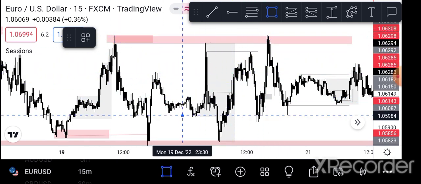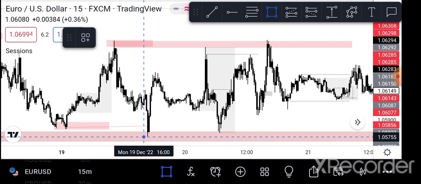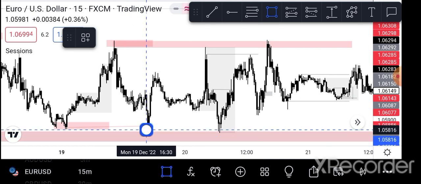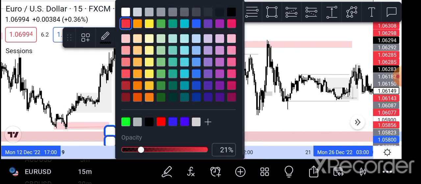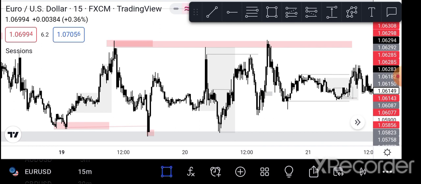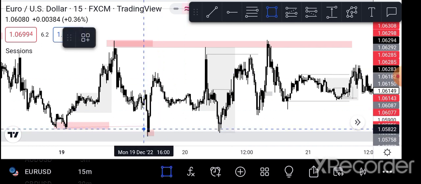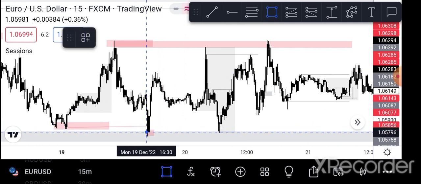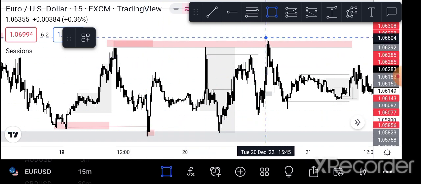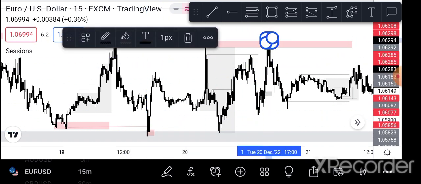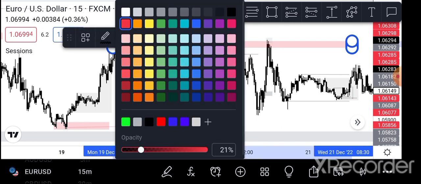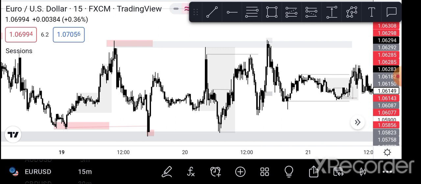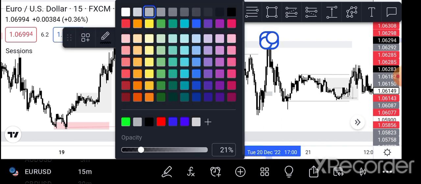So it means that this is a recent leg. I'm supposed to be using different colors soon. Okay, so this is the new leg. Then this is our new higher high. That'll be our new higher high. Are you getting me?